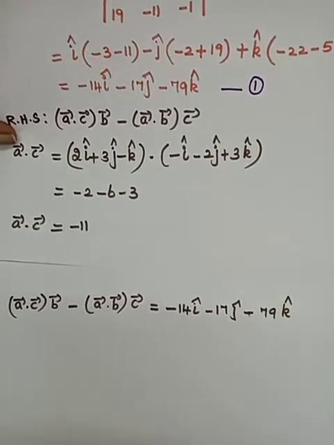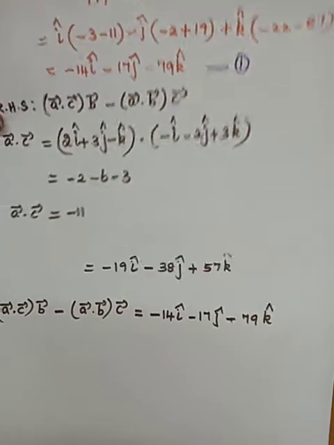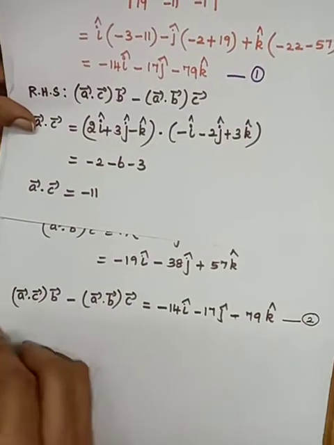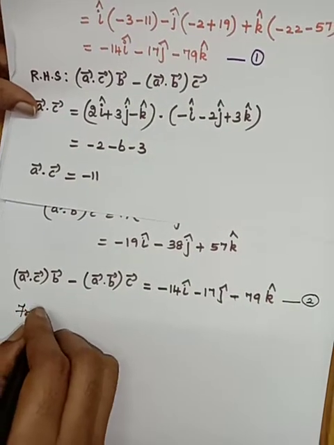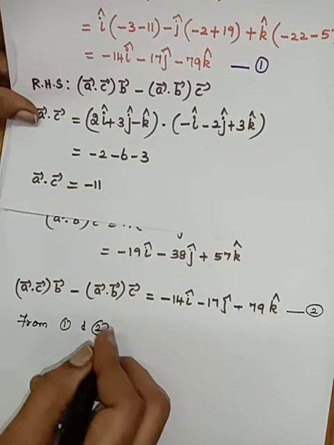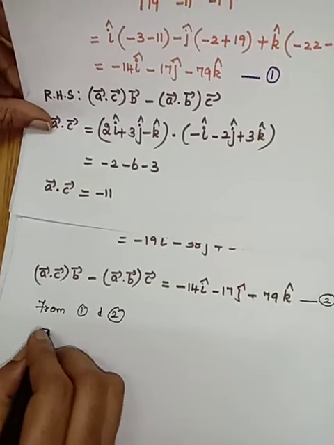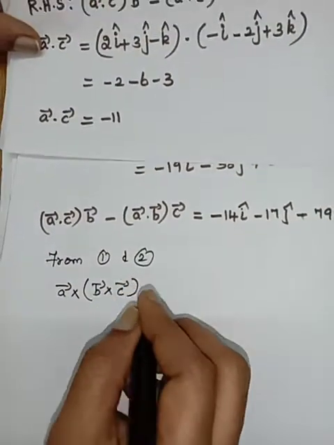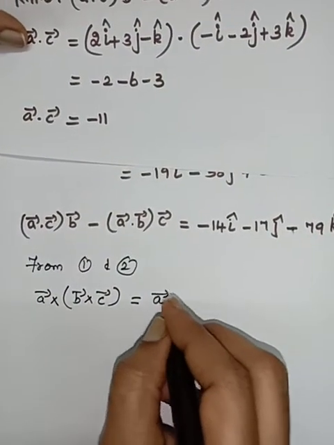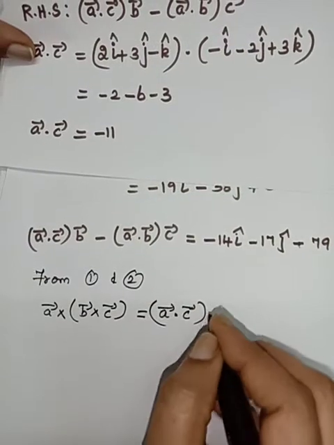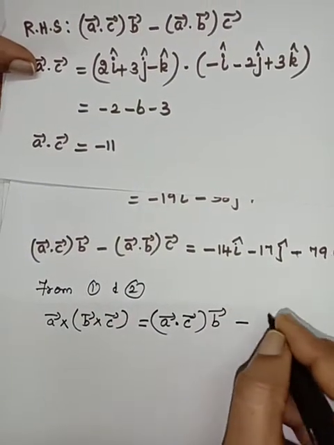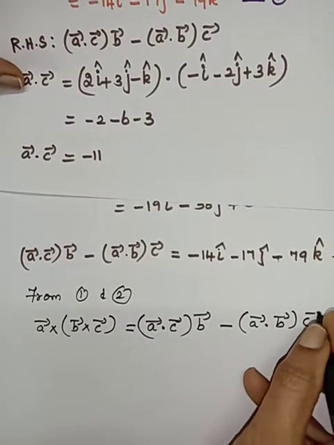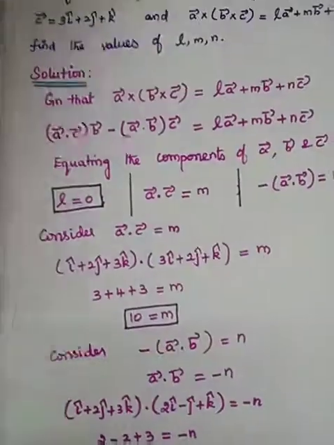So we have to conclude, from 1 and 2, first result and the second result, a vector cross b vector cross c vector is equal to a vector dot c vector into b vector minus a vector dot b vector into c vector. Okay, so fourth problem is over.